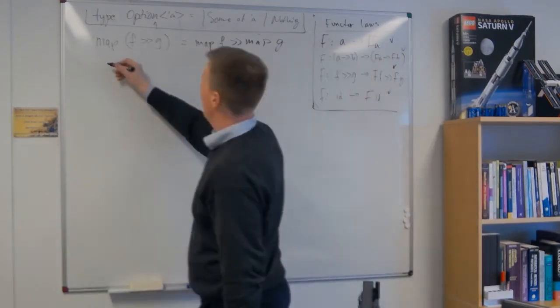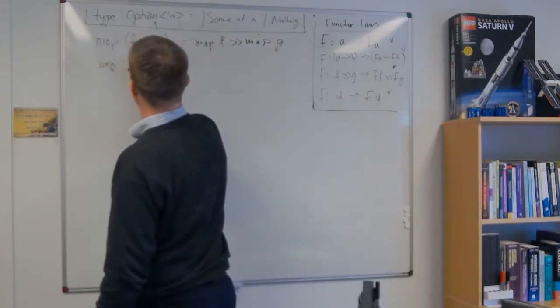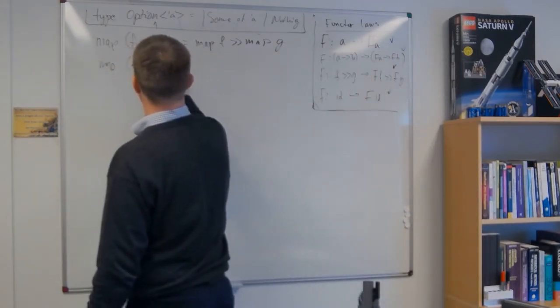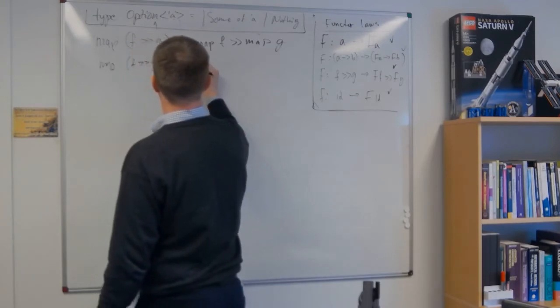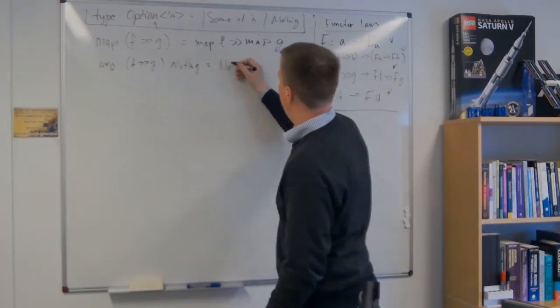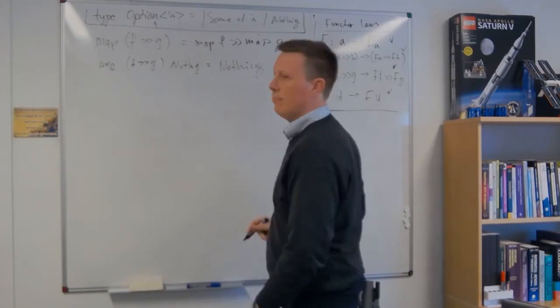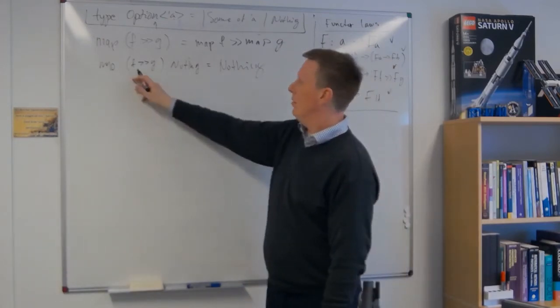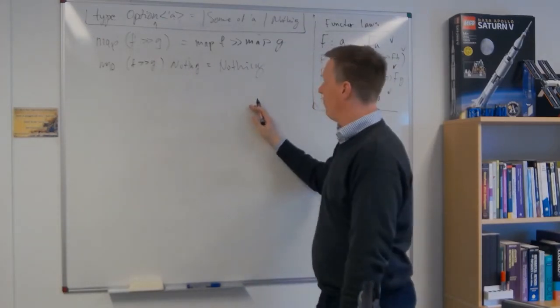And the first thing we do is apply map f g to nothing, and that is, surprise surprise, nothing, since map whatever on nothing will always produce nothing.